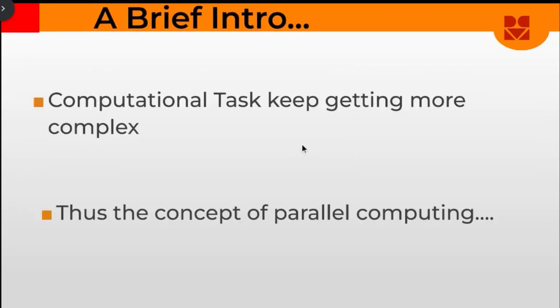But after all these things have been done, the computational tasks still keep increasing. We still have data in large quantities, which means that executing code serially, or performing serial computing, is just not enough, right? Because we still have this single CPU.